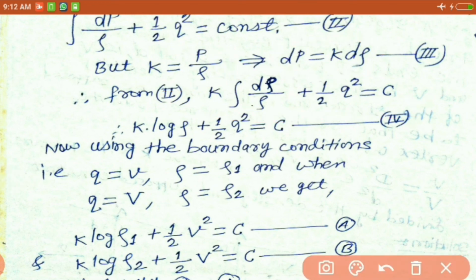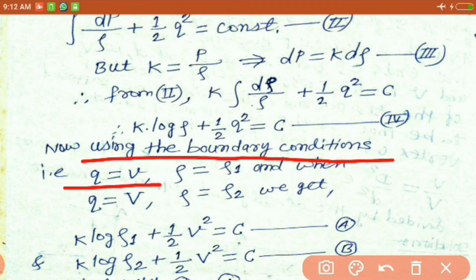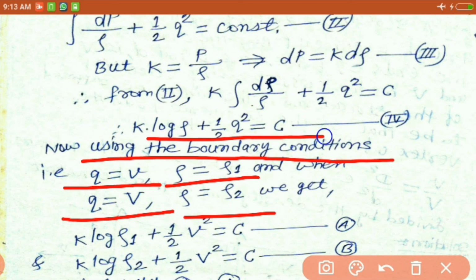Now using these boundary conditions, where small q is equal to small v, small q is equal to capital V, rho is equal to rho 1, rho is equal to rho 2, we get k log rho 1 plus 1 by 2 small v square is equal to c.